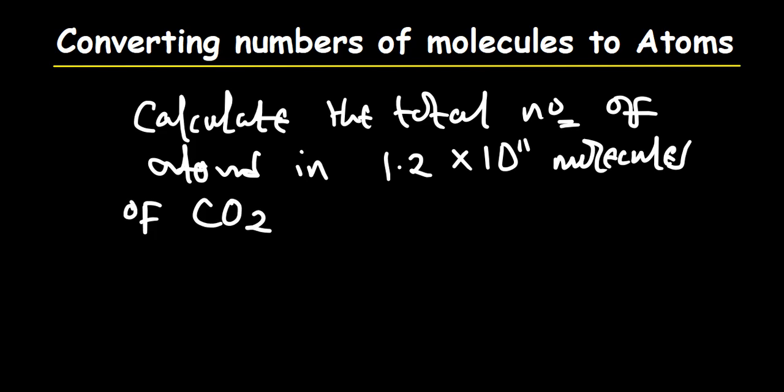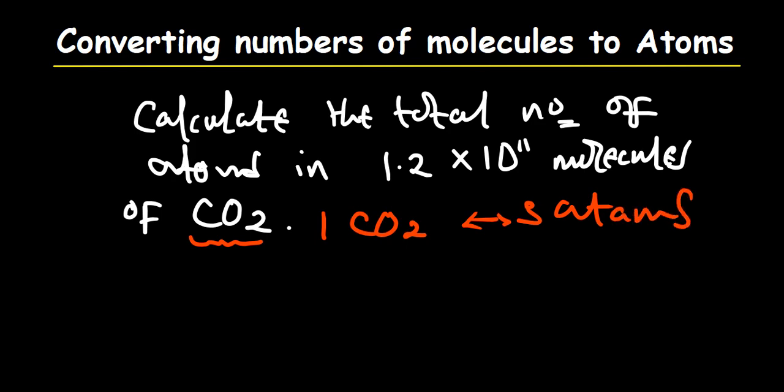So how can we calculate the answer here? We're just going to use the ratio from the molecule. We know that one molecule of carbon dioxide is going to give us 3 atoms. Now what if we have 1.2 times 10 to the power 11 molecules of carbon dioxide? How many atoms are we going to have? We are just going to do a cross multiplication. One molecule gives me 3 atoms.